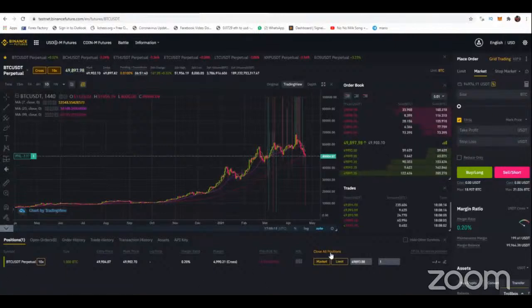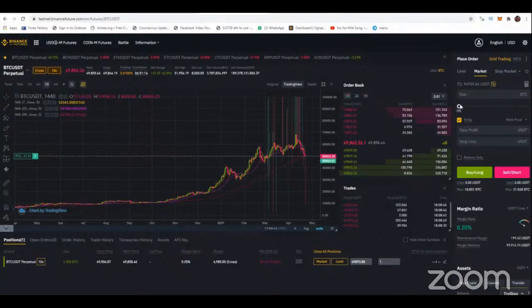So if you click on close all, it will automatically close all the positions, including the Ethereum, the Litecoin, and all that. And possibly you only want to close the BTC USD. So the first way you can do that is by just clicking on market, which is what we have already familiarized ourselves with. You can also set your stop loss and target and so on.